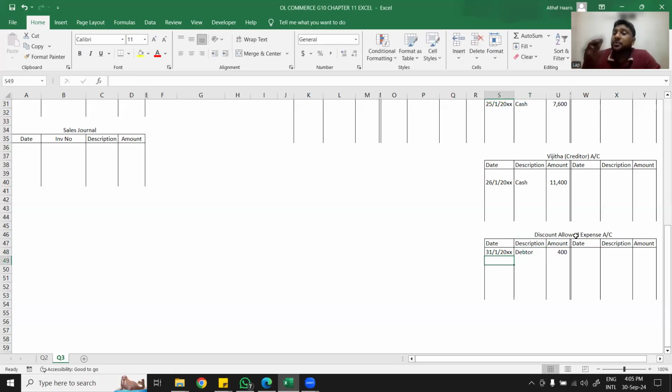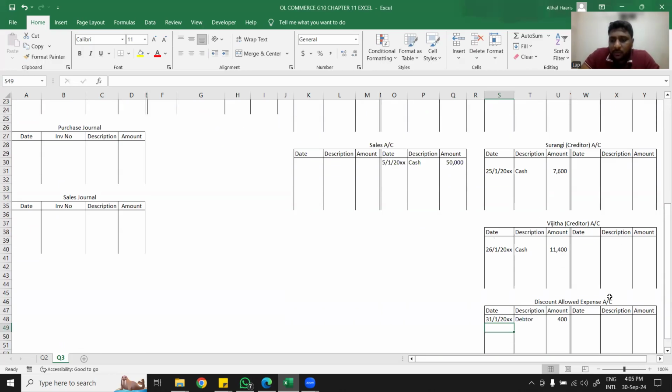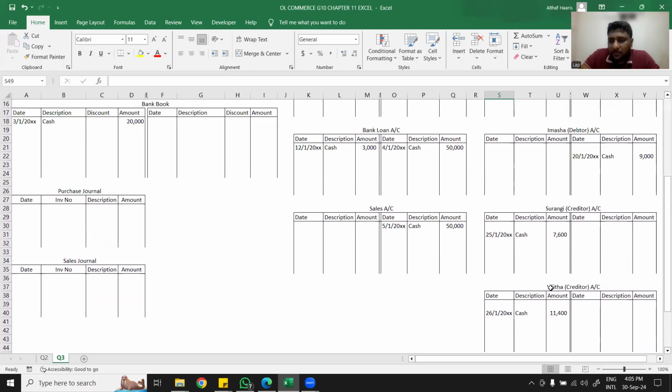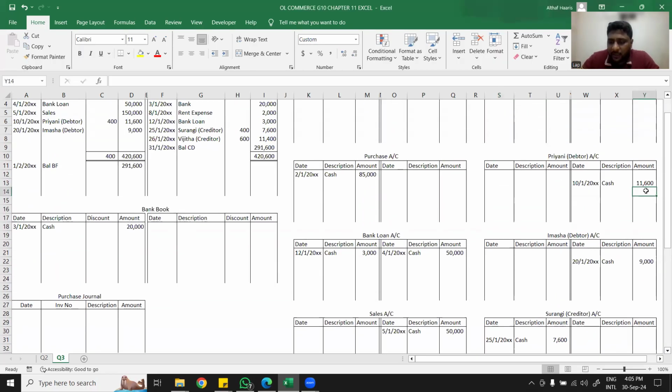You should ideally put this separately for the relevant debtors, but here we have only one debtor, who is Priyani. Ideally you have to put separately, but here we have only one debtor. So discount allowed debit, relevant debtor account credit. Discount allowed.